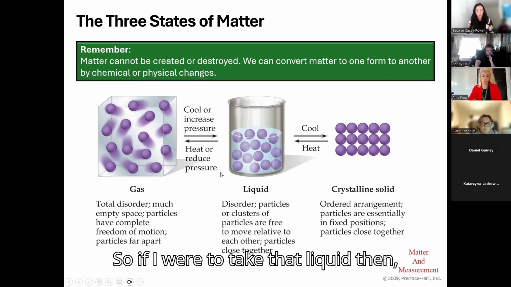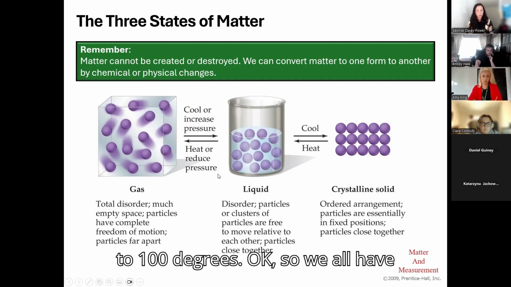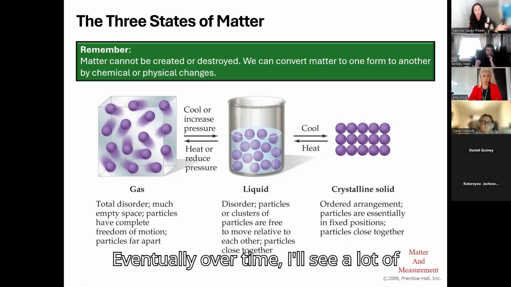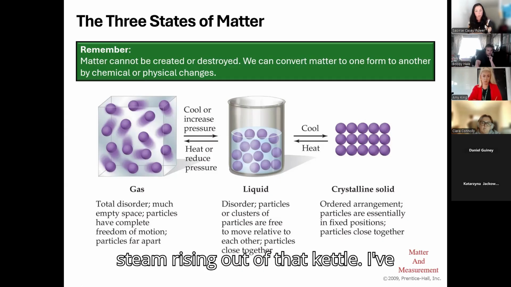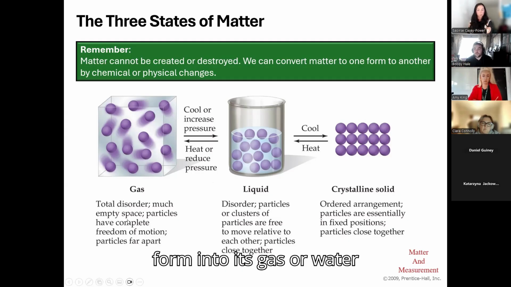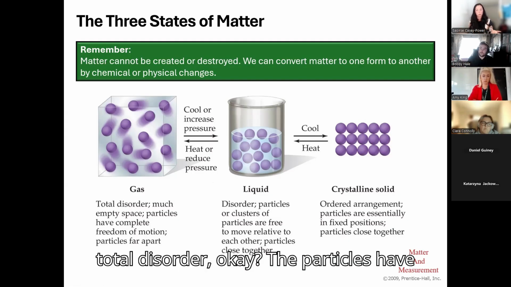So if I were to take that liquid, place it into a kettle, and then heat it to 100 degrees, we all have kettles at home. I switch on the kettle. Eventually, over time, I'll see a lot of steam rising out of that kettle. I've essentially applied a lot of heat, and I've converted water in its liquid form into its gas or water vapor. Gas is kind of described as having total chaos or total disorder.